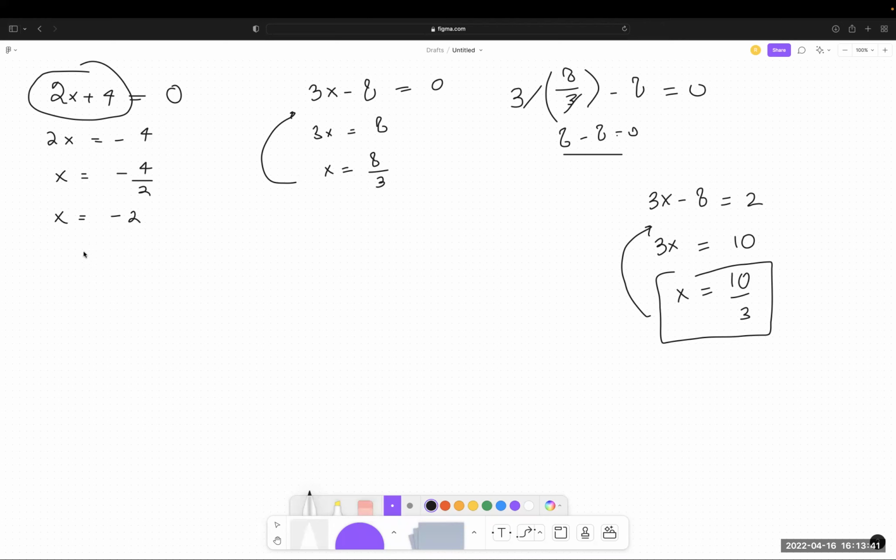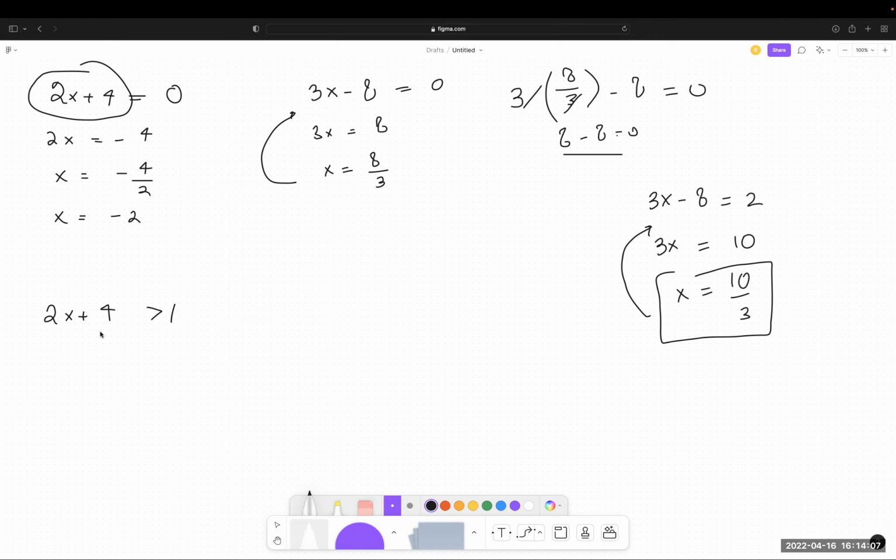And what I want to say is, just as we set things equal to 0 and solved for x here, we can also do that like this. We can say, okay, when is this greater than 1? So what I'm asking here is, for what values of x can I put in this equation, and it will still result in a value that is greater than 1?